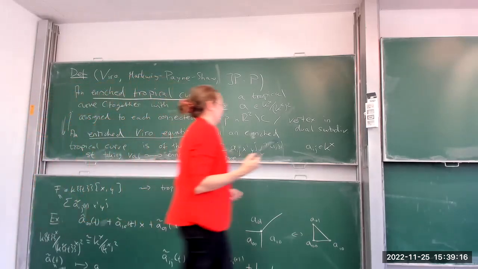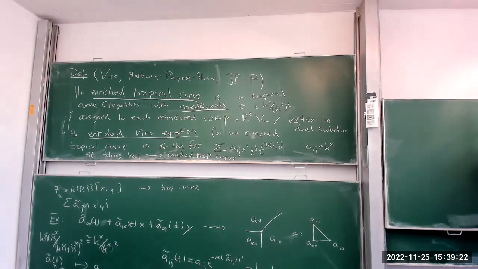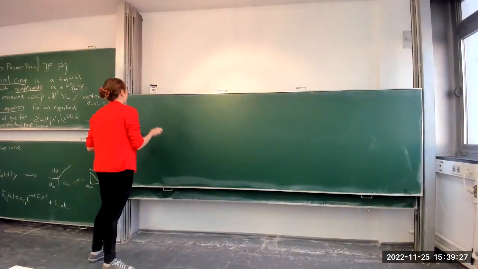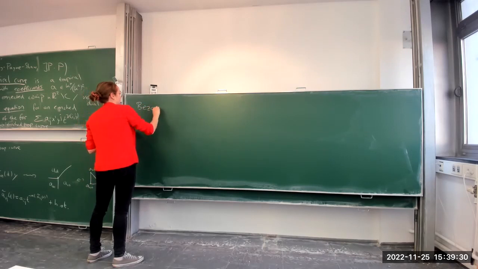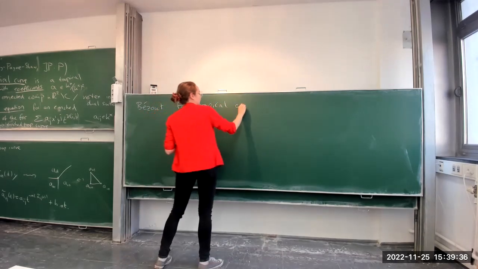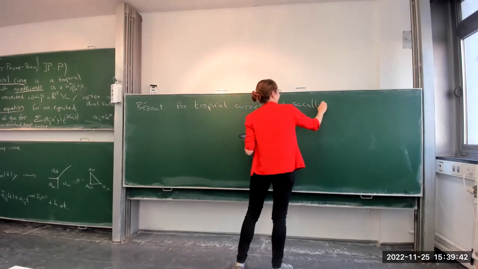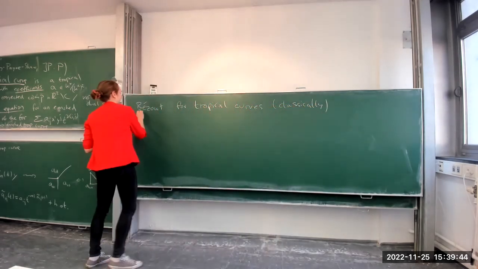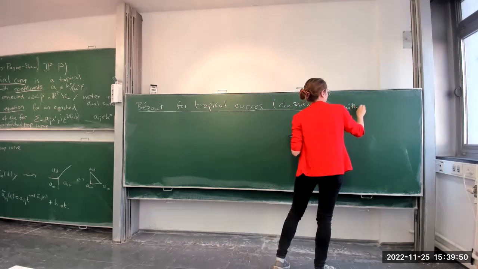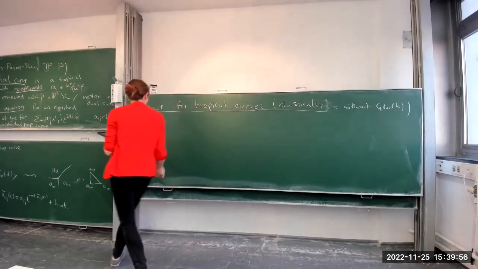And later we will take these equations to define our multiplicity. But okay, we wanted to do Bezout, so let's recall what Bezout's theorem for tropical curves looks like, classically, because let's first do it without enrichment.